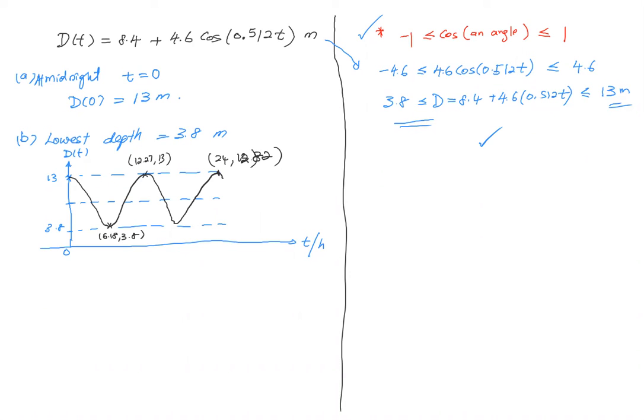So find the depth of the water at 8:30 a.m. Okay, A. This is B, this is C. C, so we got the C already, so D. Find the depth of the water at 8:30 a.m. So at 8:30 a.m., what is the value for T?